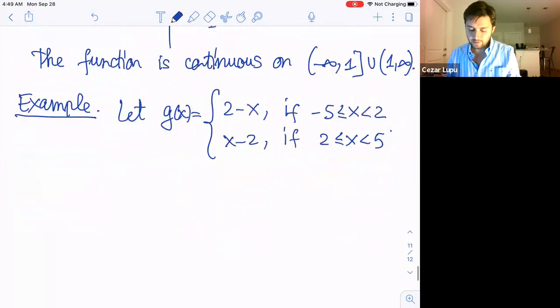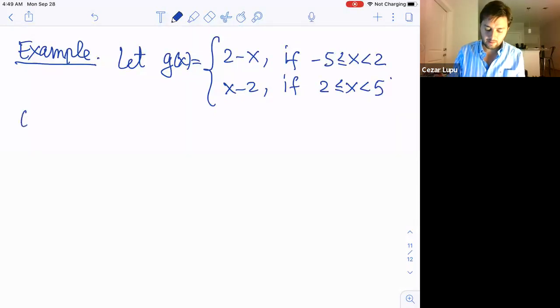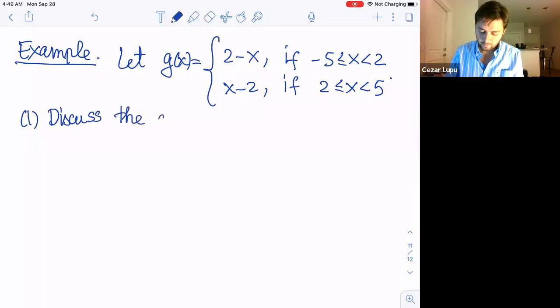So just look at it. We're interested in the following two things. The first one is to discuss the continuity at the point x equals 2.